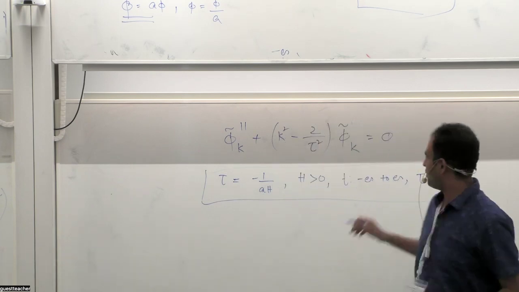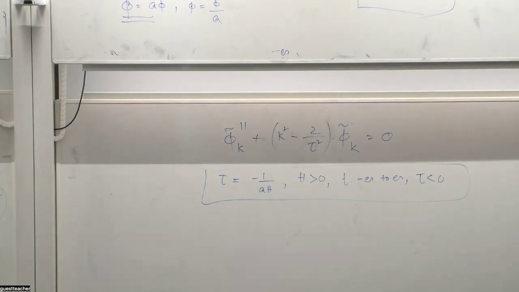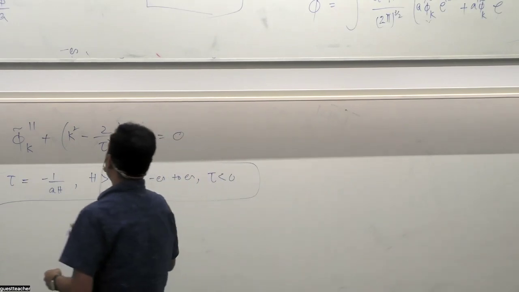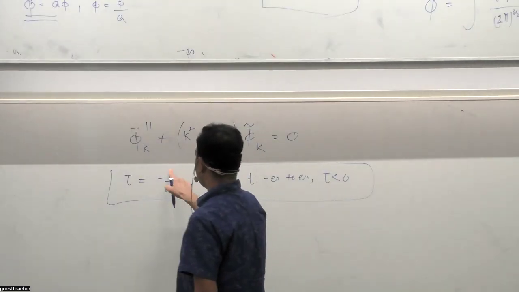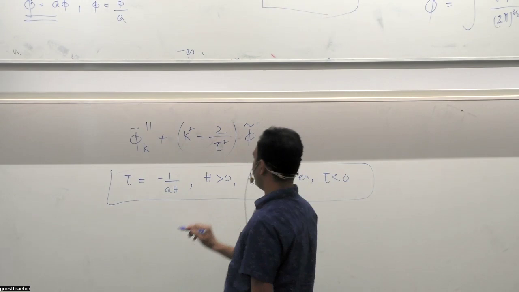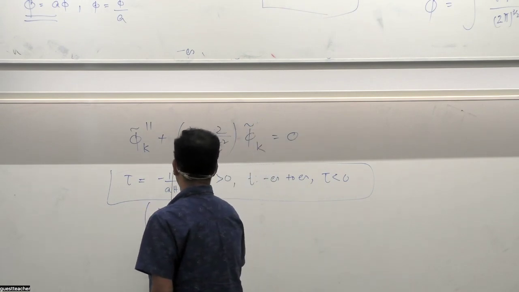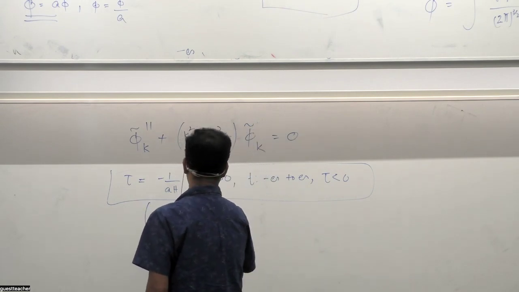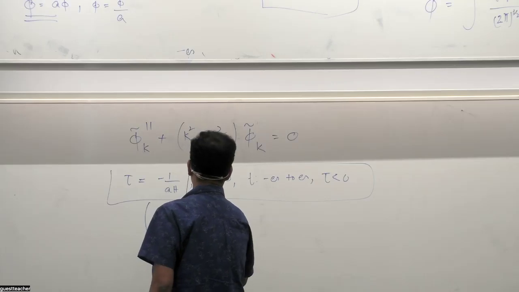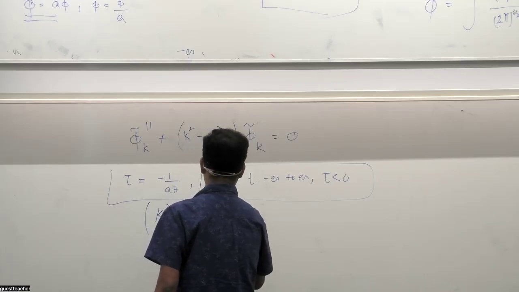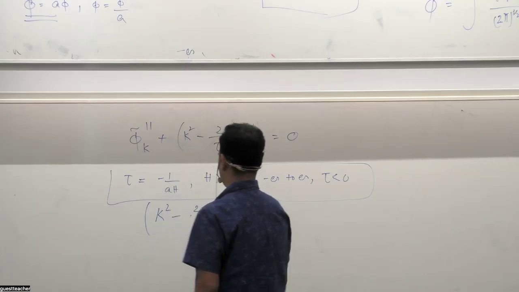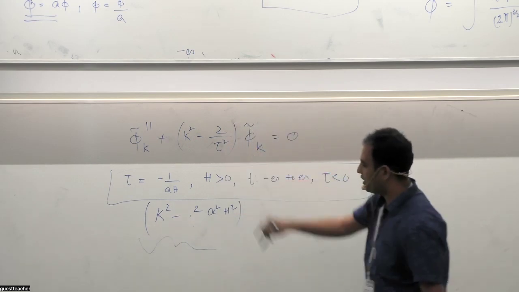So you fix the arrow of time, and then you pick this as a choice. Now, if you substitute it here, this term is k squared minus 2 over 2 a squared H squared, right? I'm just writing this term.